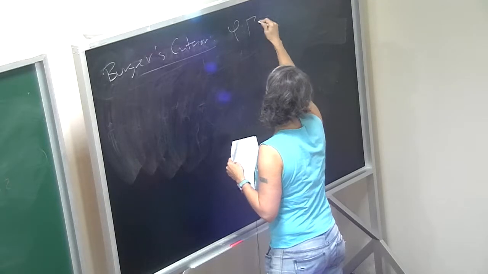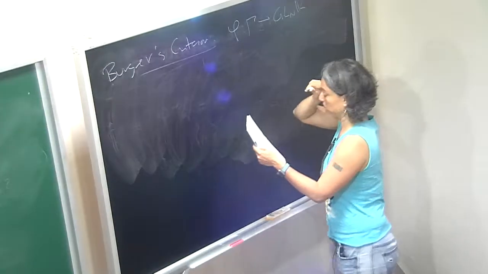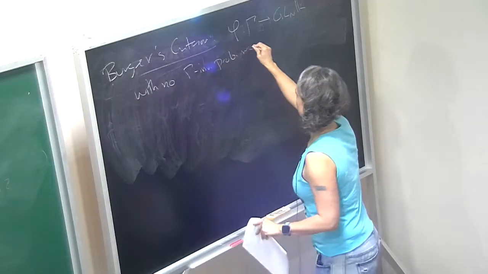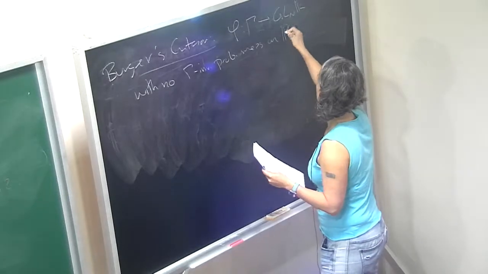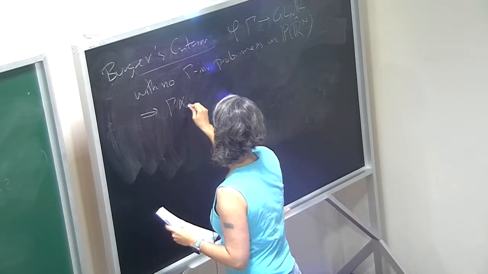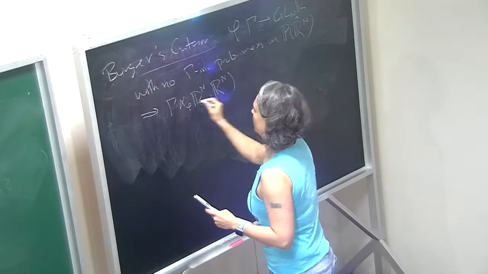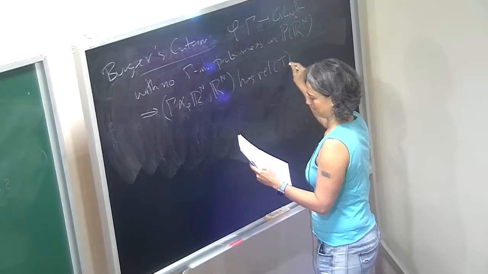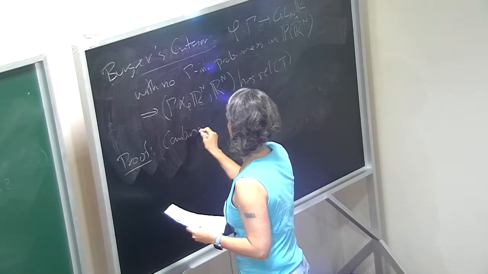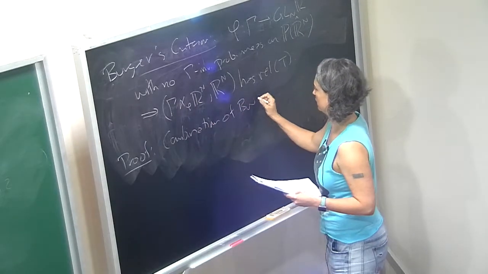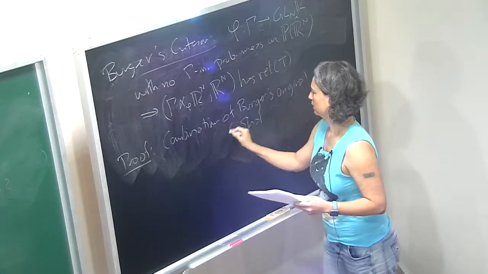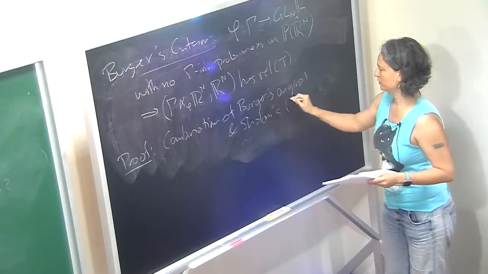So phi from gamma to GLn(R) with no gamma invariant probability measures on P(R^n) dual, the projective space, then gamma symmetric product R^n with R^n has relative property T. Okay, and I'll just say that the proof here is somewhat a combination of Berger's original proof and Shalom's from the bounded generation paper.